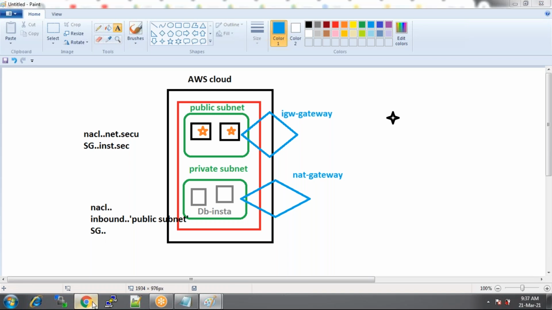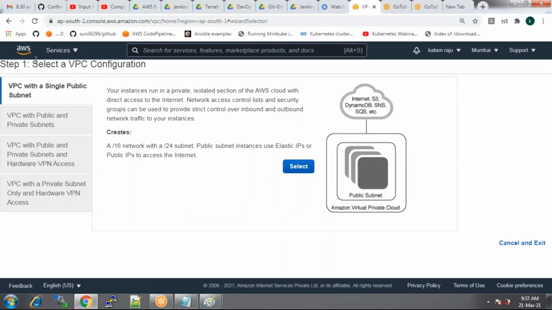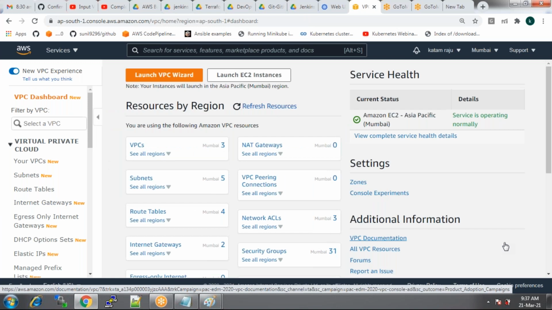Now this is what your VPC wizard is, but I'm not using the VPC wizard. If you're not using the VPC wizard, can we still create VPCs? Yes, we can still create VPCs. How?